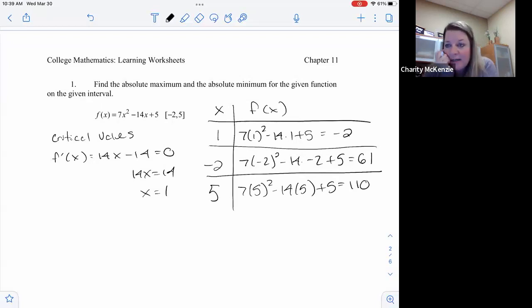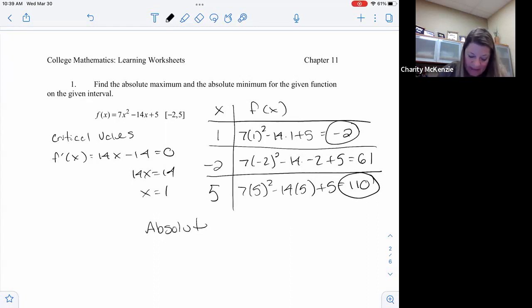So we've looked at our critical values and we've looked at all of the endpoints. Which one is the highest value? 110. Which one is the lowest value? -2. So we have an absolute minimum at x equals 1, and the y equals, if we wanted the y, -2.